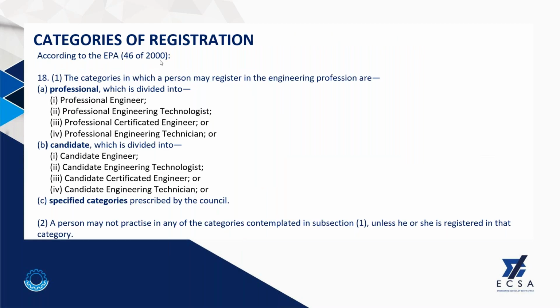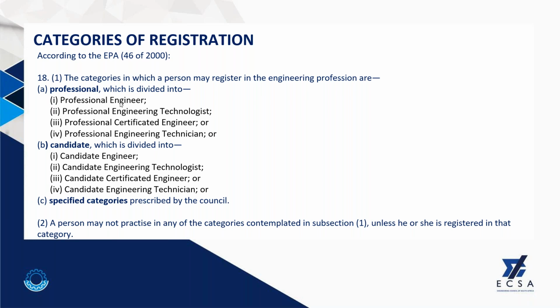Let me just pass. Yeah, what you see on the screen right now, it's categories of registration. And obviously, all of these are in accordance to the EPA 46 of 2000. In terms of the categories in which a person may register in the engineering profession, these are the following professional categories. There's professional engineer, there's professional engineering technologist, there's professional certificated engineer, there's also professional engineering technician.